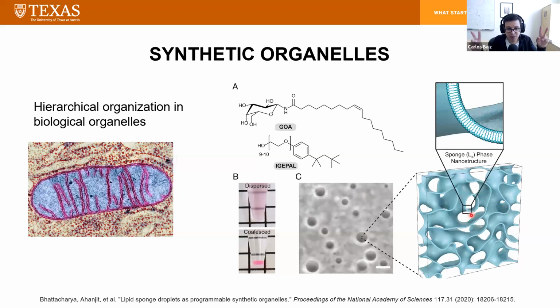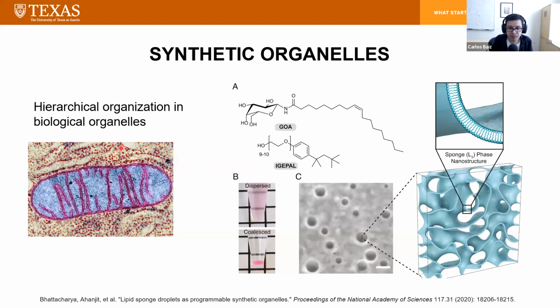This is called a sponge phase because it resembles the morphology you would see in a sponge, with very small channels and very large surface areas. The size of these channels, characterized with X-ray diffraction, is on the order of about 3 to 5 nanometers, comparable to what you expect for mitochondria or ER or some of the other organelles in the cell.